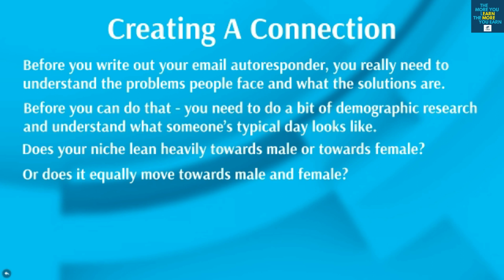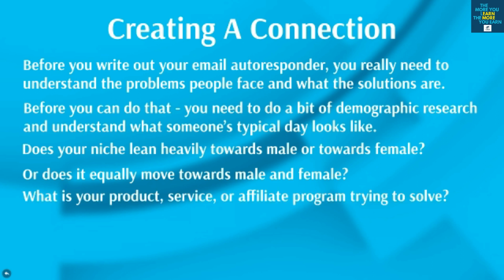But even 75%, you're kind of moving towards that 50% so that it's both male and female. But if it's heavily towards males or heavily towards females, 80% or above, or 90% or above, then you want to jot that down. The next question is, what is your product or service or affiliate program trying to solve?